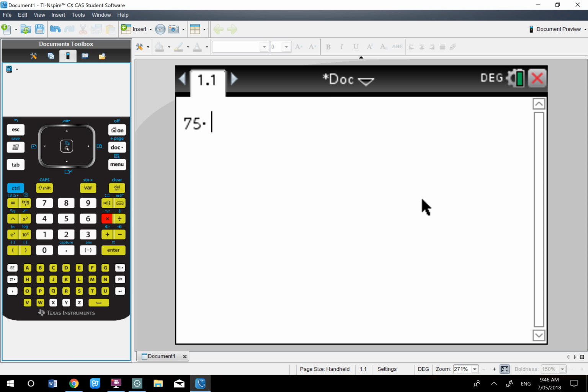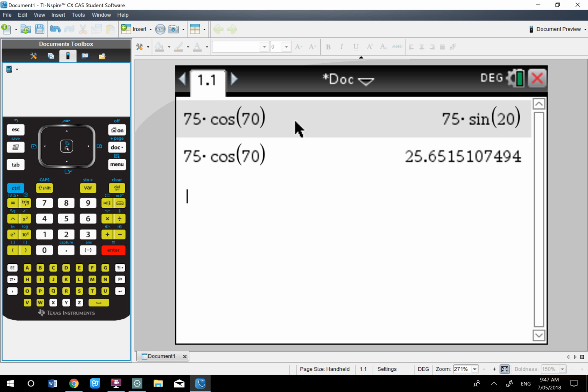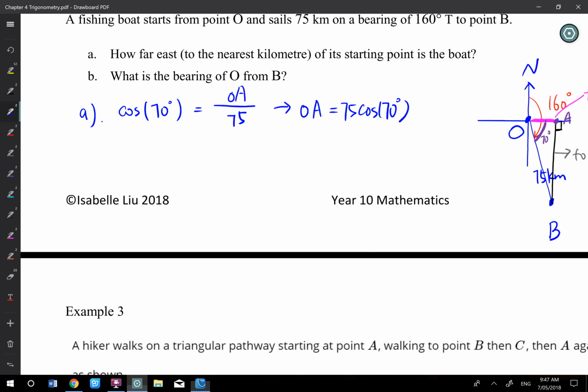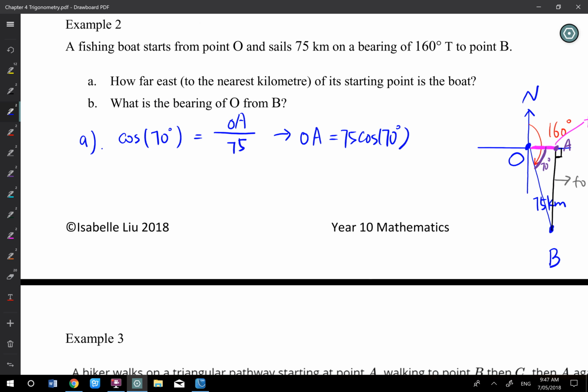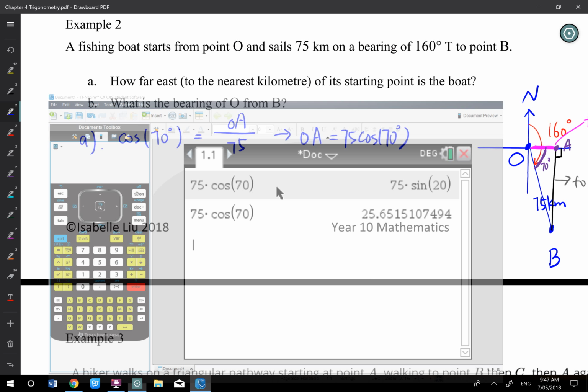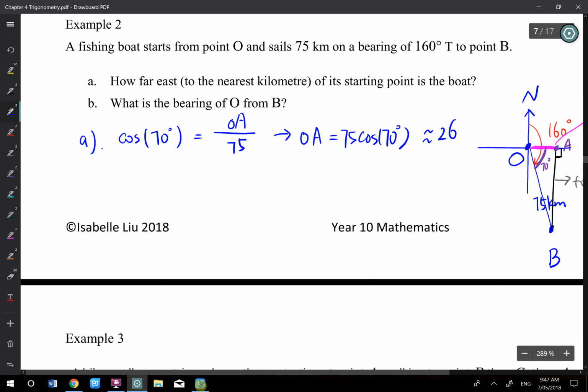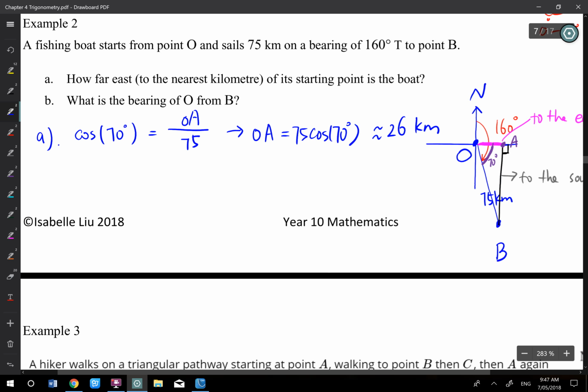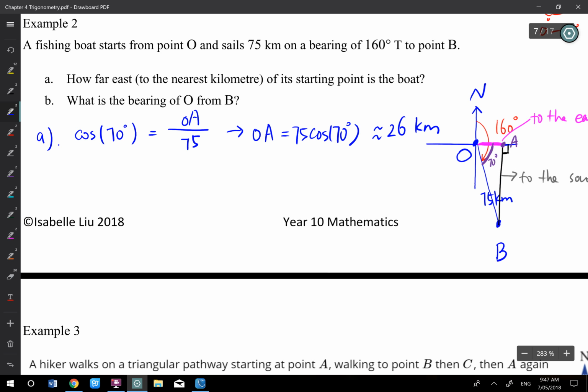Well, I want approximation values, the nearest kilometer, which is approximately 26 kilometers.